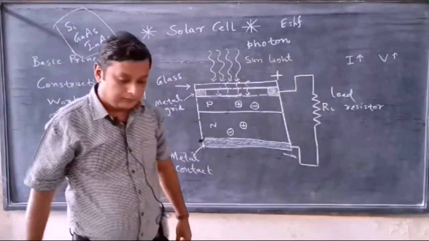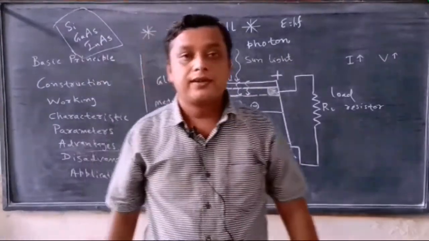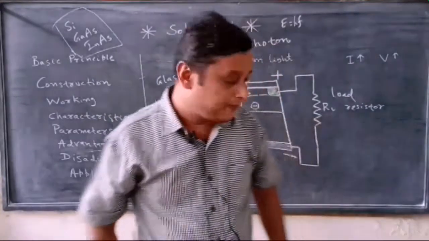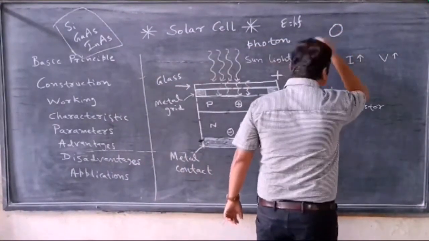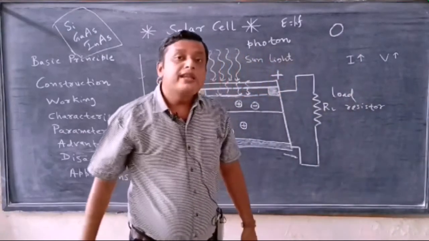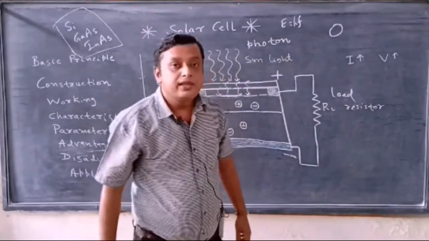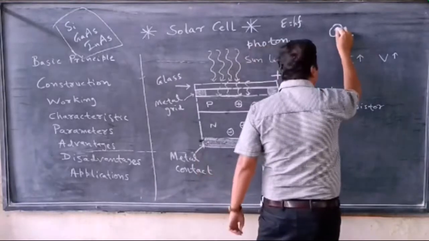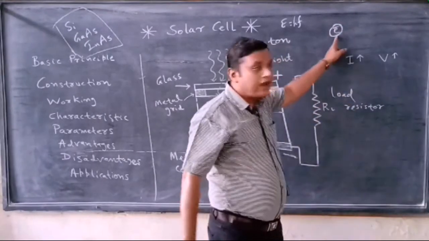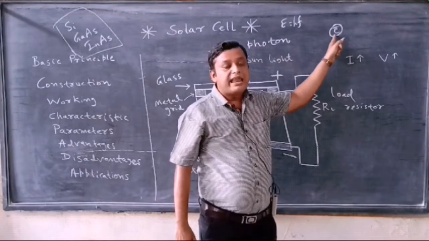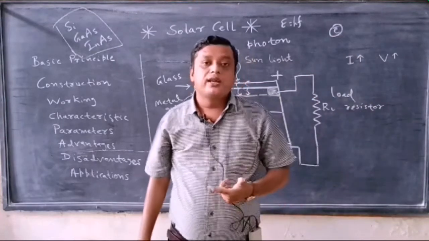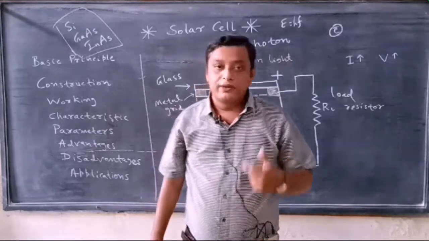Further, we can say that this is a recombination state of the electron. Electron means negative charge, hole means positive charge.